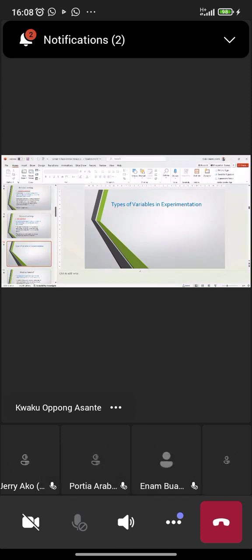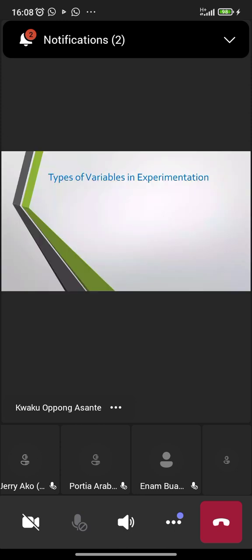Anyway, let's continue. Let's look at the types of variables. Obviously, we know about the independent variable, the dependent variable, and the extraneous variable. From slide 2 to 1, these three, you shouldn't forget about them at all.